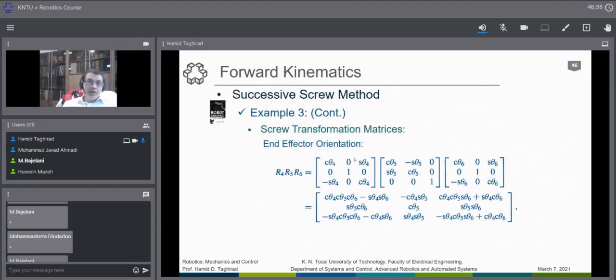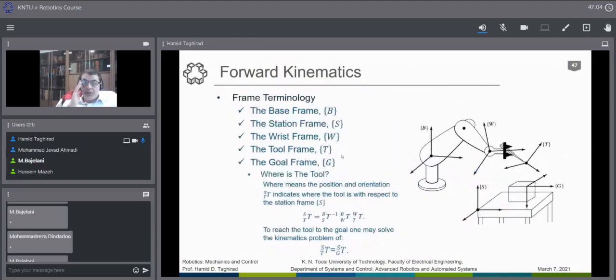Let me just conclude this part with some notation that we use, very simple notation, and then I will give you some time for questions and answers, and just stop me here. Usually we rename some base frame with some notations.